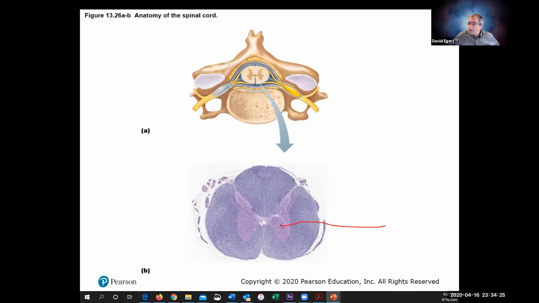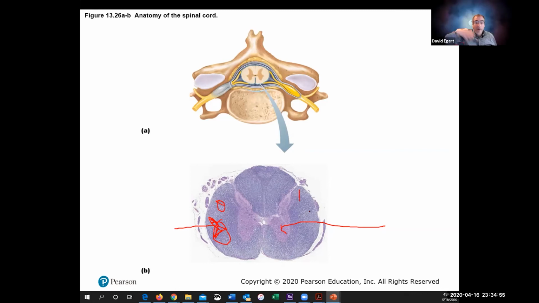What is this area called? Ventral horn. That's the ventral horn. And what kind of processing happens there? Motor. Yeah, it's going to be motor. And what is all of this stuff? White matter.